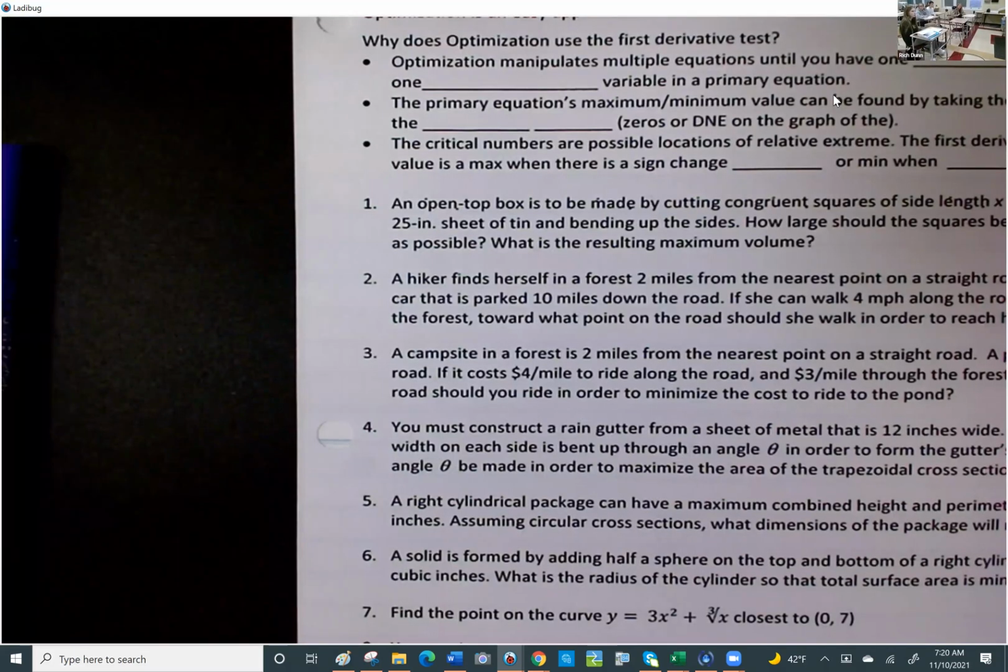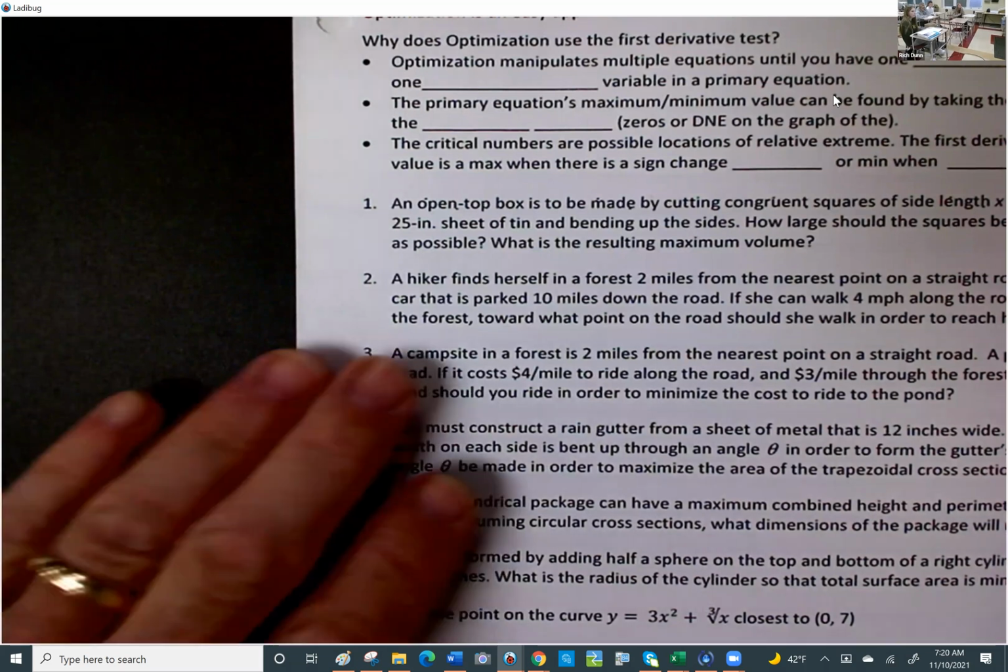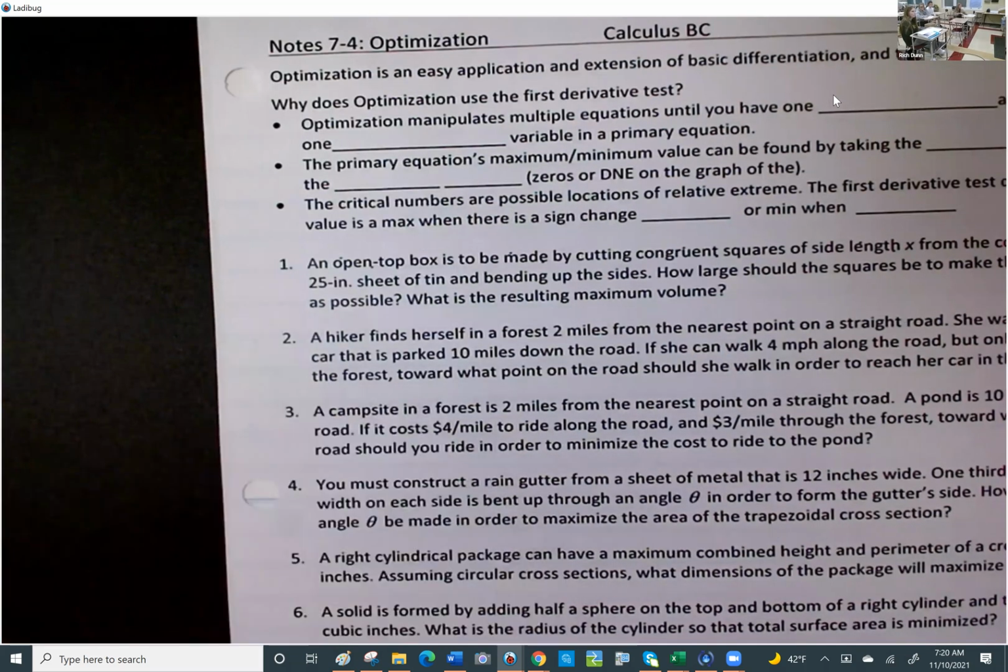So a quick little summary of what we did yesterday, at least from the idea of the first derivative test. Optimization is an easy application and extension of the basic differentiation and our first derivative test. Why do we use the first derivative test?